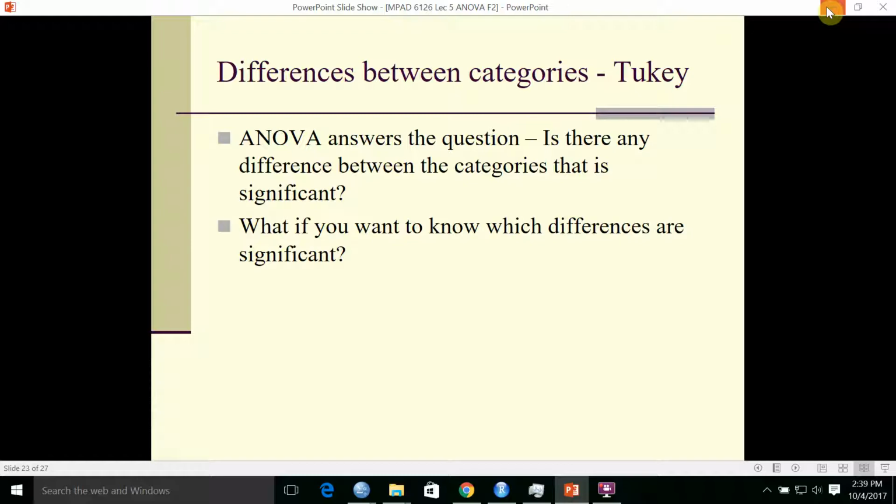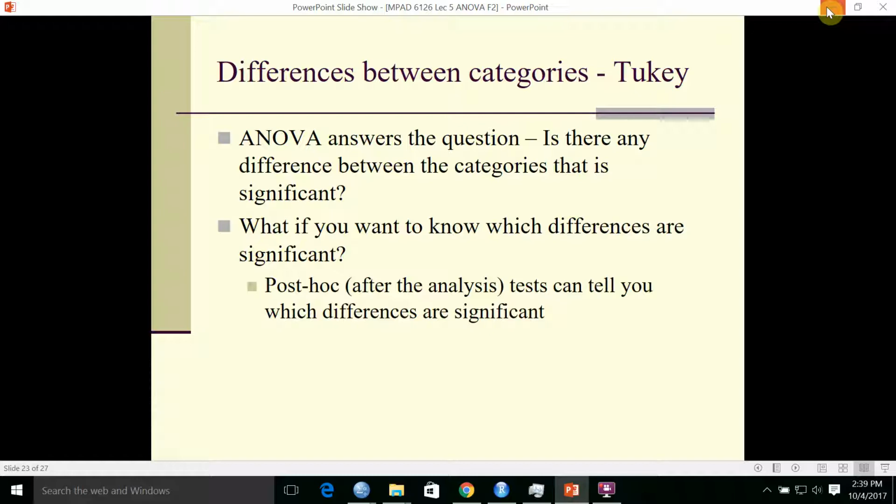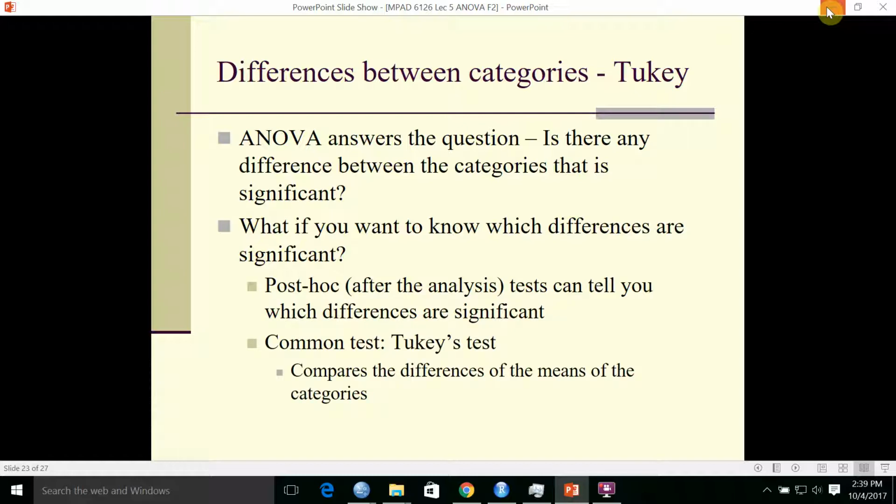To answer which of the differences are significant, you will use these post hoc tests, and the common test that we tell students to run is the Tukey's test, and that just compares the differences of means of each category relative to each other.